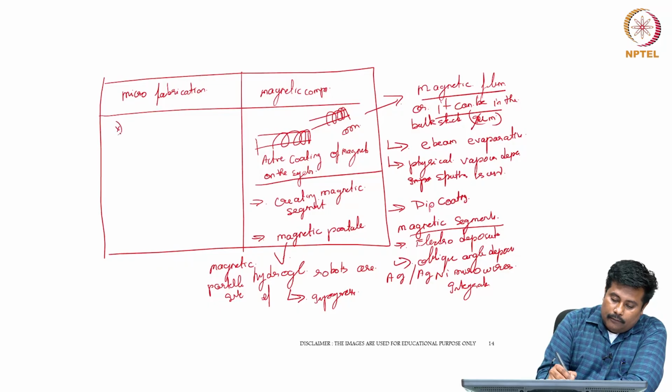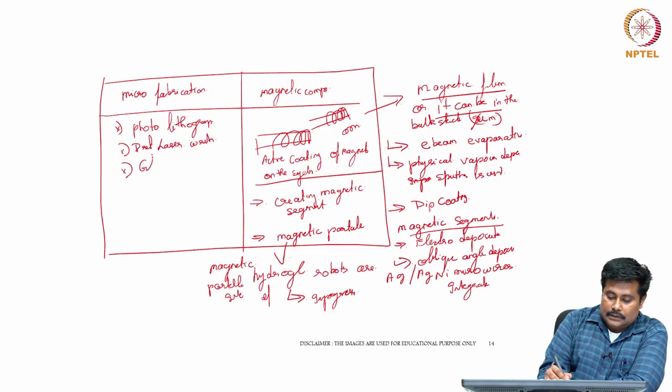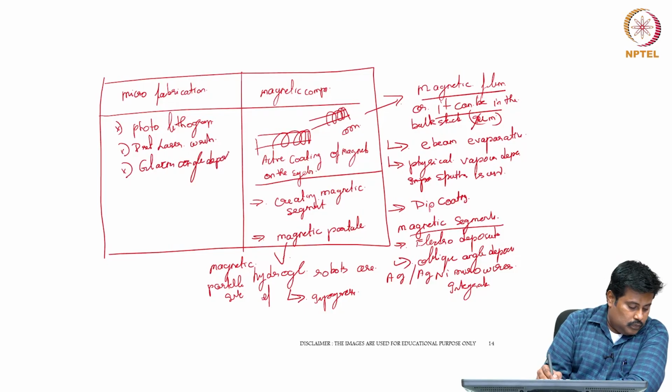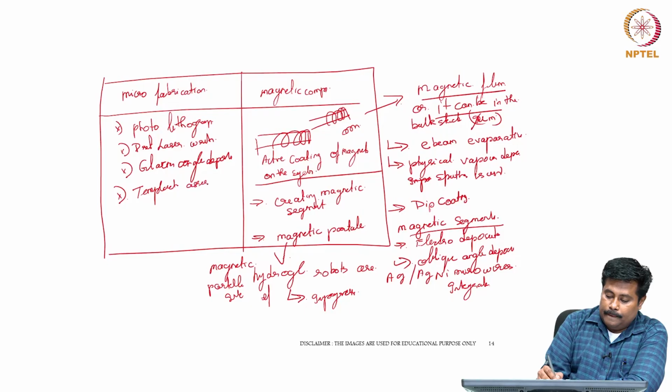Overall, if we look into the microfabrication for developing such systems, we have photolithography in place, then direct laser writing, glancing angle deposition, template assisted deposition, electrode deposition, and there is a technique called the biotemplate method.